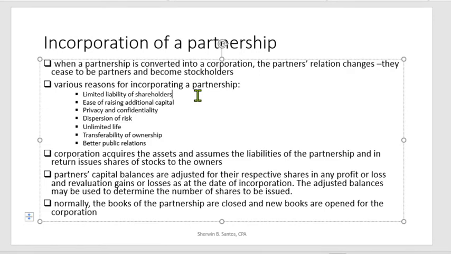Next, the ease of raising additional capital. Let us compare and contrast between the two. Yung sa partnership kasi, you have to admit a new partner or you have to invest among yourselves. Kung halimbawa, 5 lang kayo or less than 10 kayo in the partnership, kailangan yung manggaling sa mismong sa inyo yung investment.